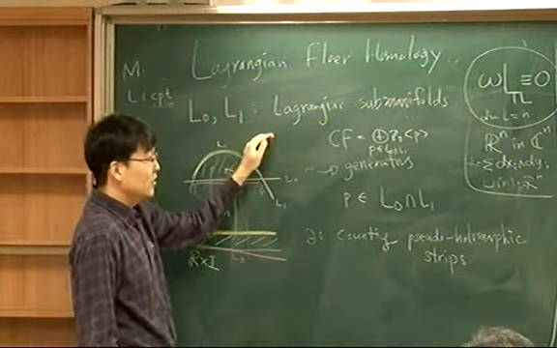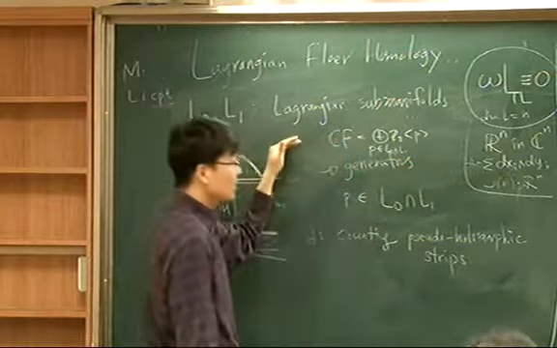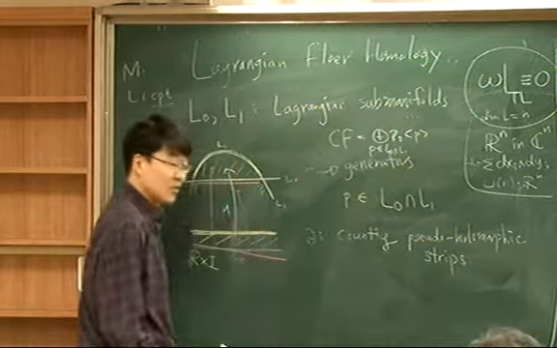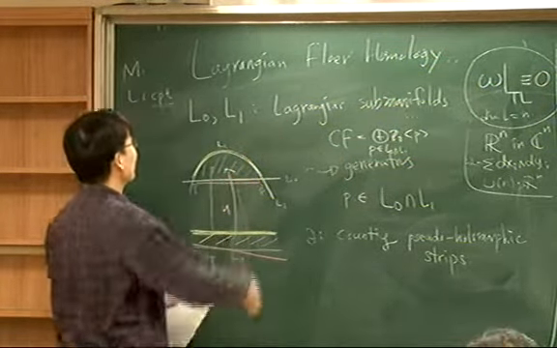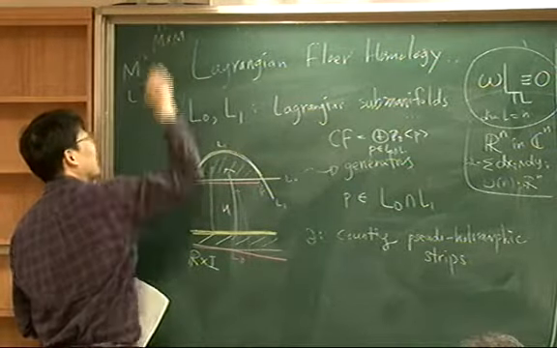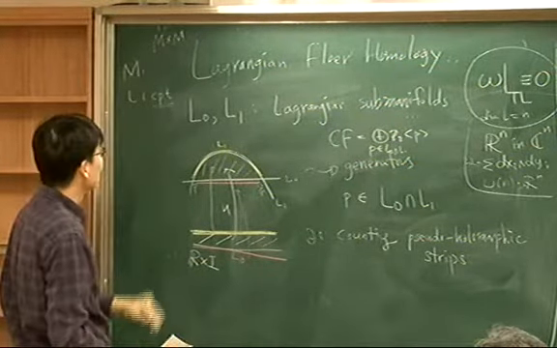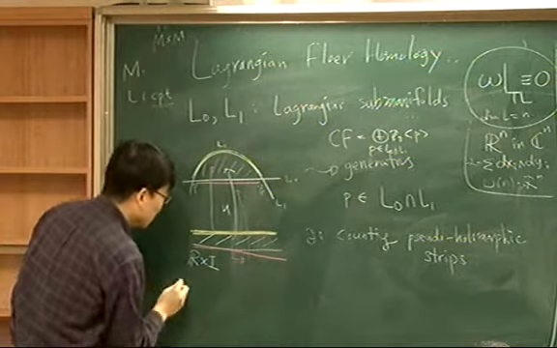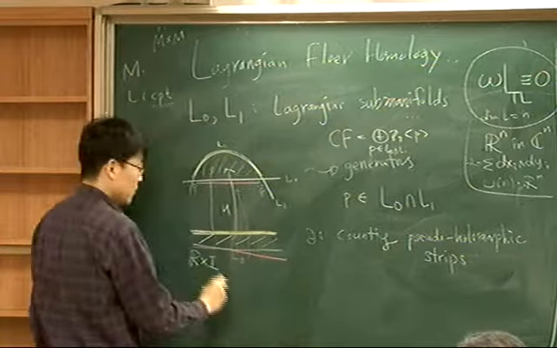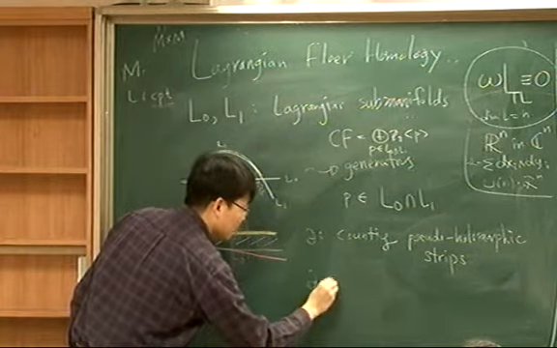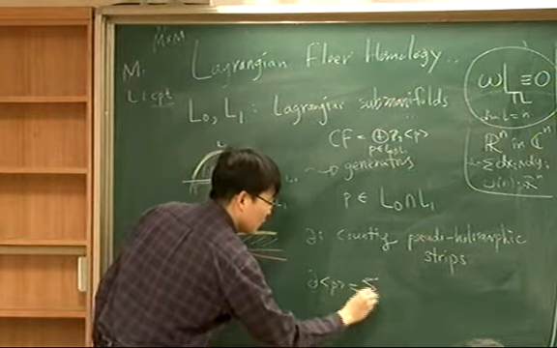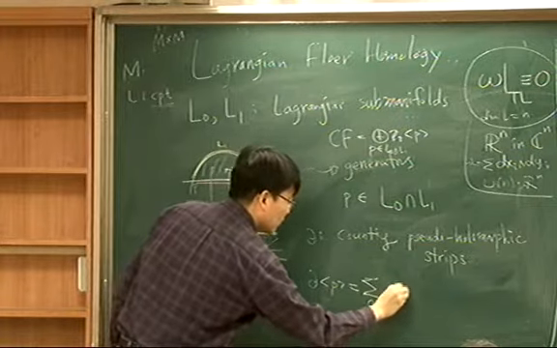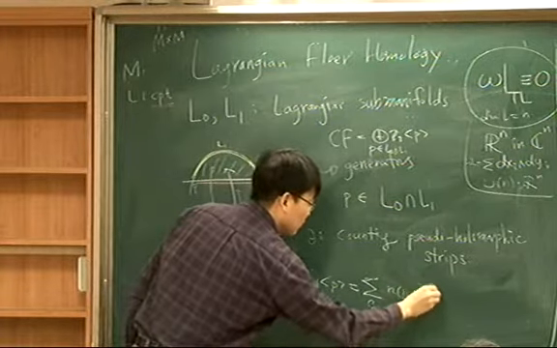But this actually includes the other one. If you consider M cross M and the diagonal Lagrangian, somewhere this is more general. And okay, so now we define ∂P as the sum over Q of N_PQ times Q.